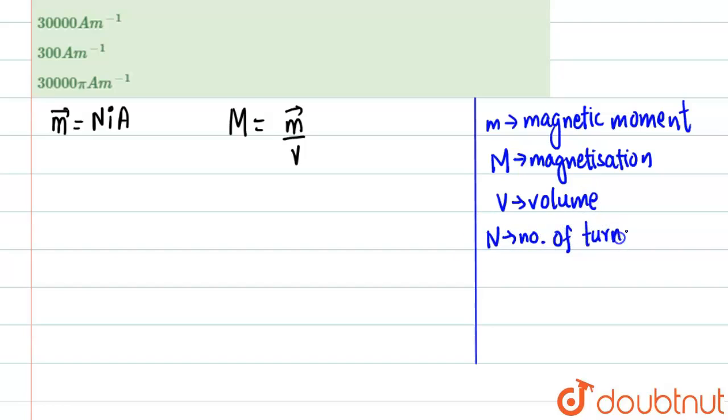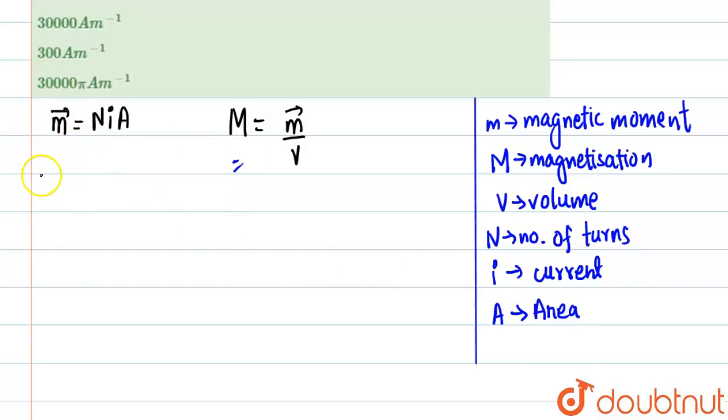I is simply current, and A is area. These are all the notations that I used over here, so don't get confused in any one of them. This is simply the formula of magnetic moment, and this is simply the formula of magnetization. So we are going to use these formulas.